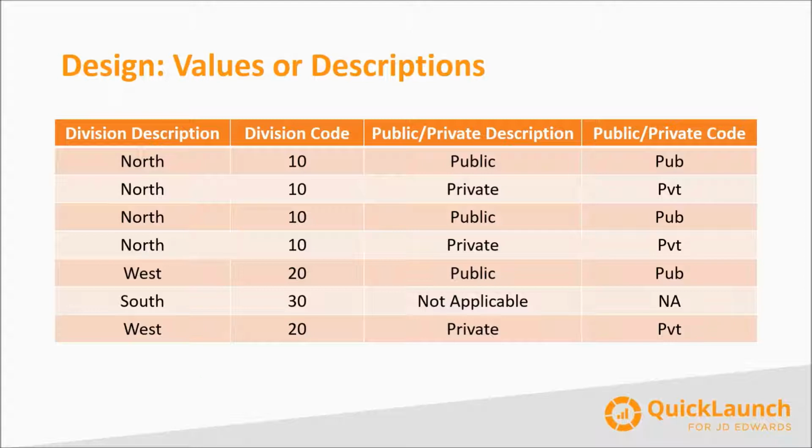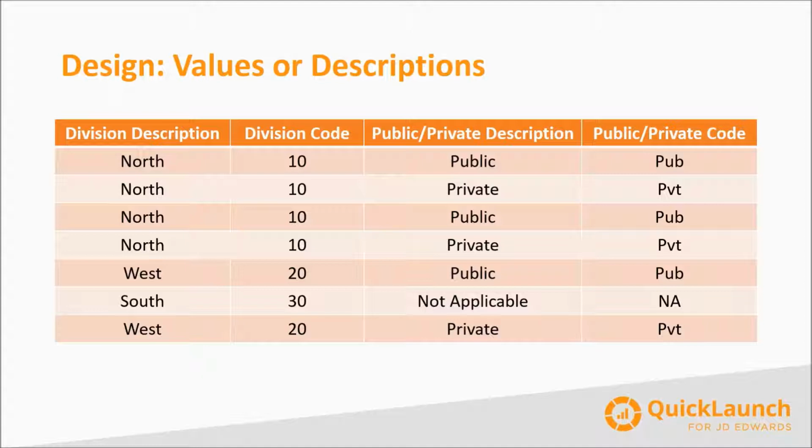The other option would be in the public-private, where maybe I do have a meaning, right? I have public PUB and private PVT. And so someone looking at the code themselves, if I don't have the description, the code itself helps me know what it is. And so there are certain categories of codes, particularly I think codes that have very few meanings.